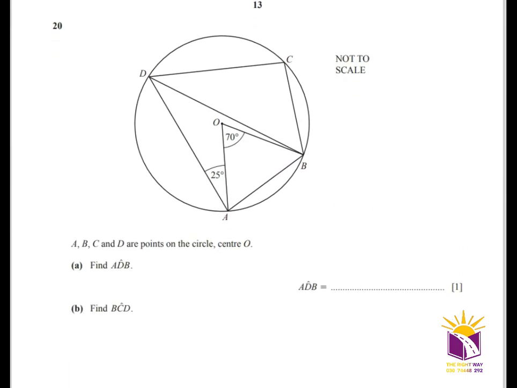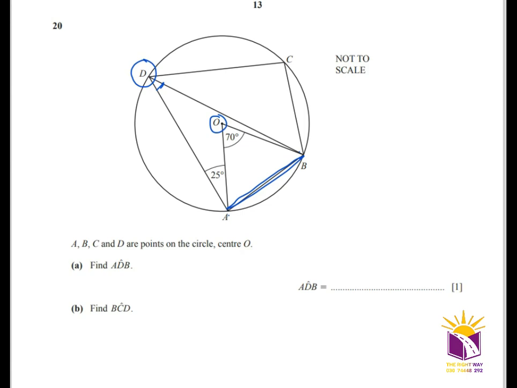Question number 20. A, B, C, D are points on the circle with center O. Find angle ADB. For this chord, you have two angles, one at the center and one at the edge of the circle.